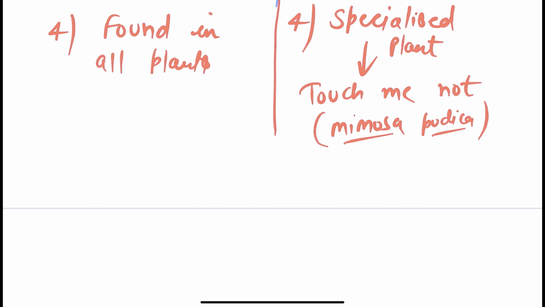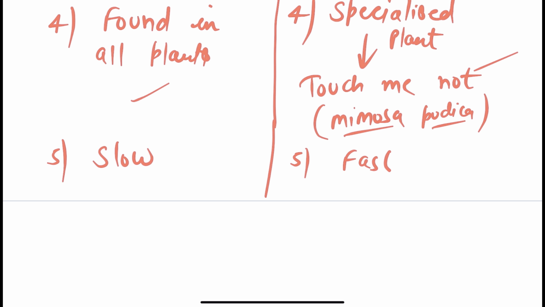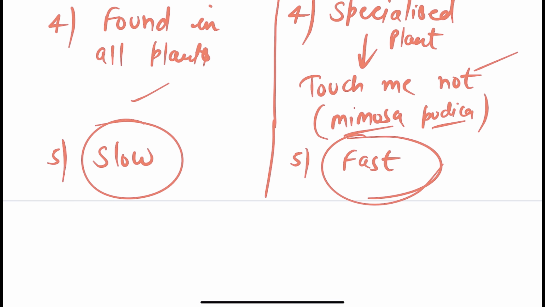And the fifth and last difference between tropic movements and nastic movements is that tropic movements are generally slow as compared to nastic movements. When you touch the leaves of a touch me not plant, it instantly closes, but tropic movements are pretty slow as compared to nastic movements. So this was question number four for you, the difference between tropic movements and nastic movements.